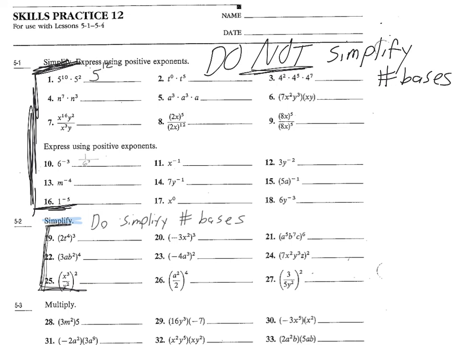So you've got different sets of instructions there. You need to pay attention. I will try to draw attention to this in the email I send you too, but I know some of you don't read. So I'm hoping that that is clear enough what to do there. I will count it wrong if you simplify the number bases where you're not supposed to.